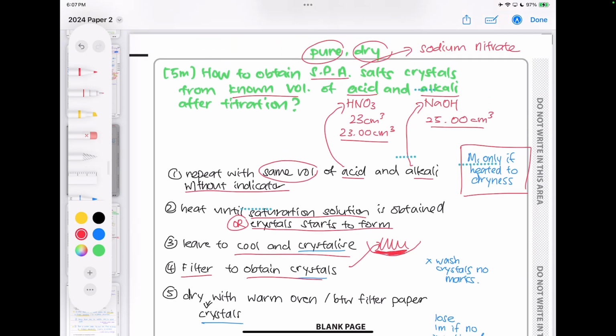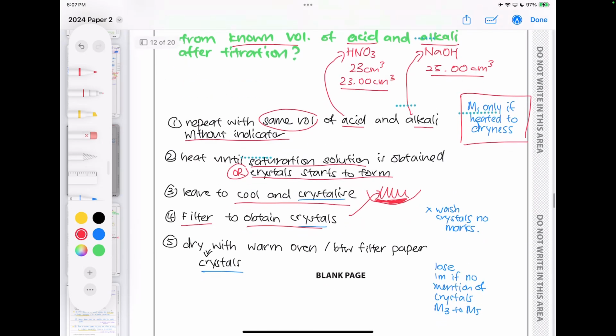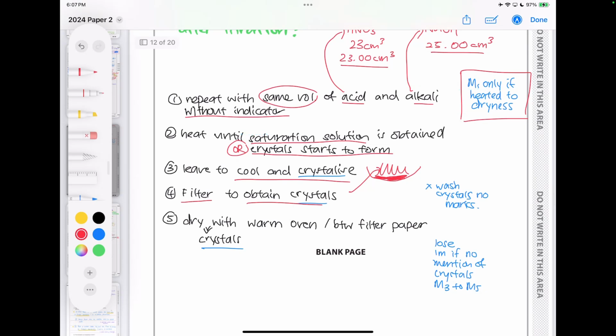Because they do ask you for dry salt at the end of the day, if you want to put wash, in the past I always put wash and dry together, but this time around they did mention that washing has no marks. I still personally like to wash it with distilled water, and then dry the crystals in a warm oven or between 2 filter papers.